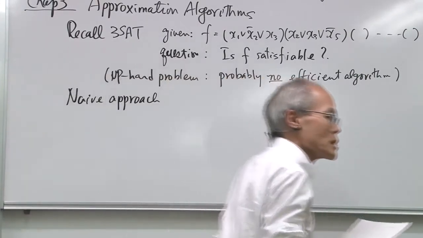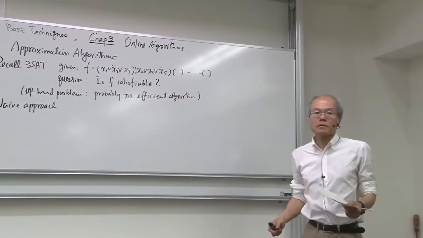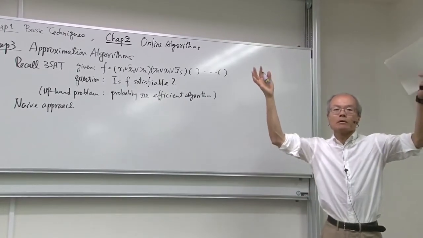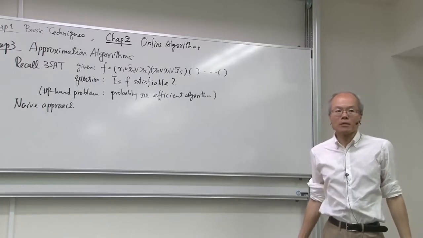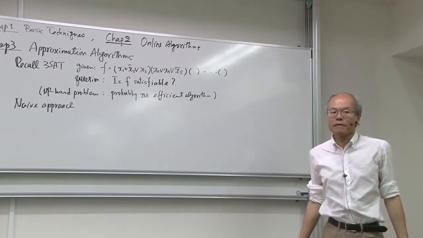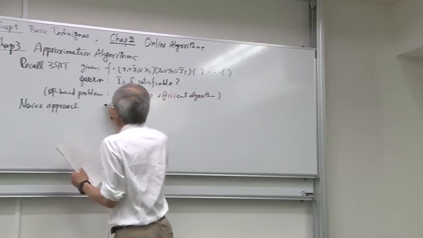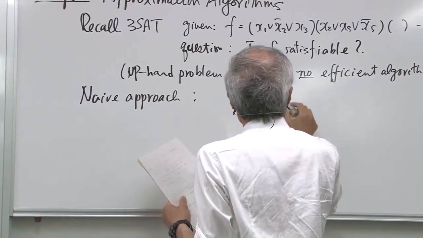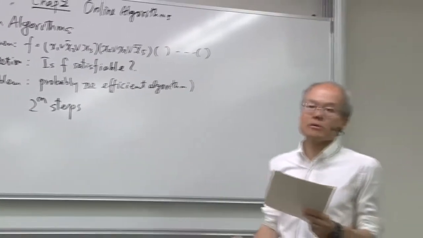That is, of course, to check all the assignments to the variables. If we have n variables, then all 0 through all 1, that is, 2 to the n different assignments. That means we need 2 to the n steps, and this is not so good.